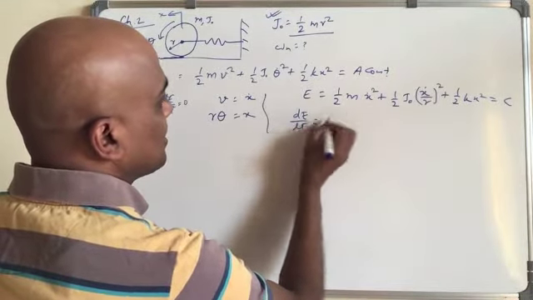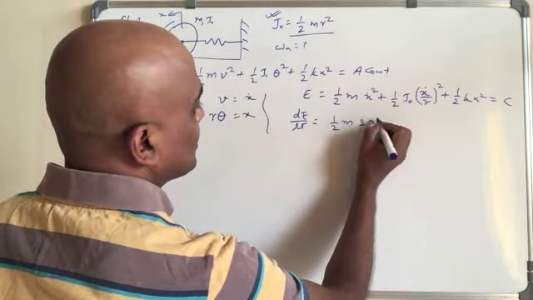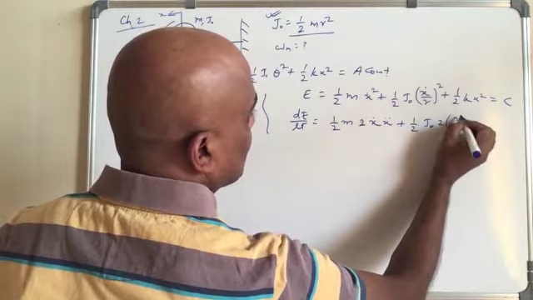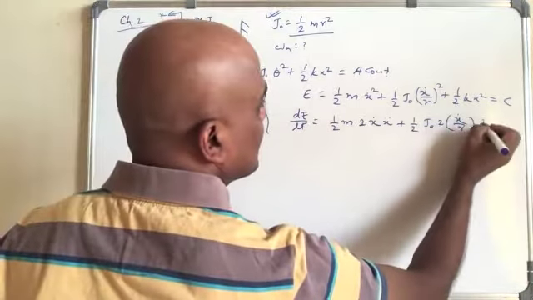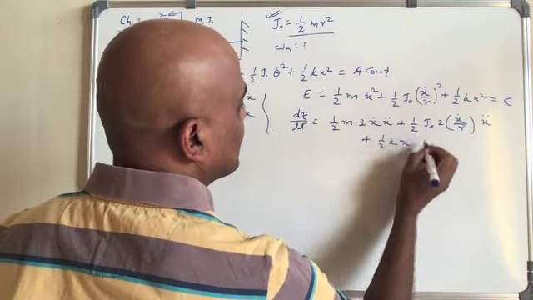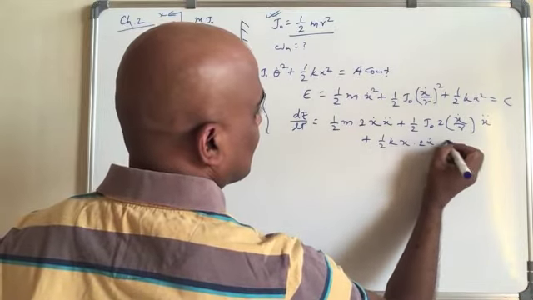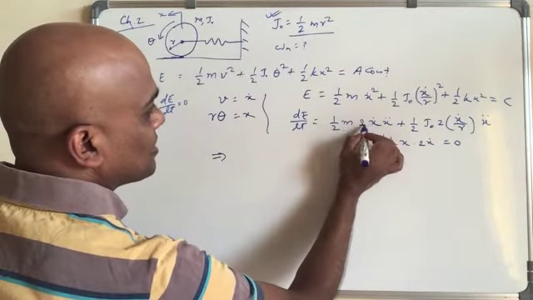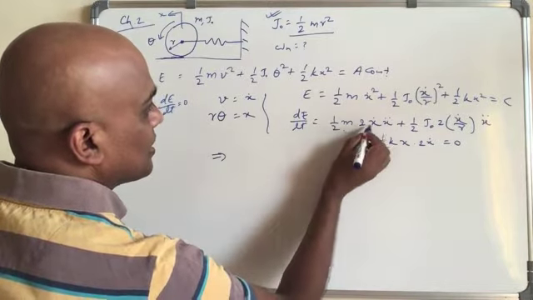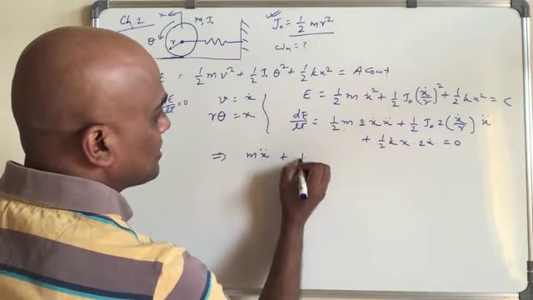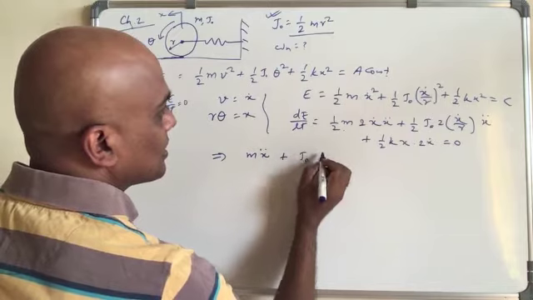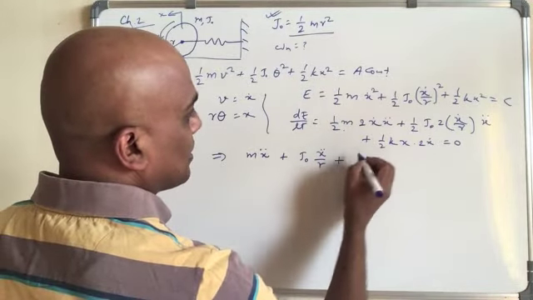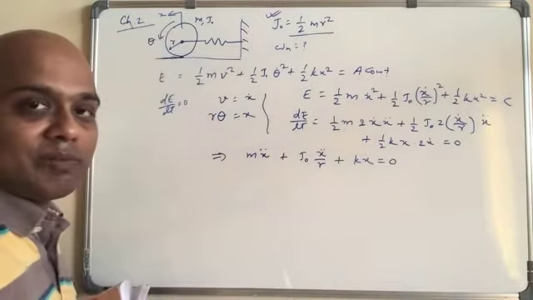That means d over dt becomes half m times 2 x dot x double dot plus half J naught times 2 x dot over r squared times x double dot plus half k times 2 x dot equals 0. Finally, x dot appears everywhere, so we get m x double dot plus J naught x double dot over r squared plus k x equals 0. This is the equation we get.